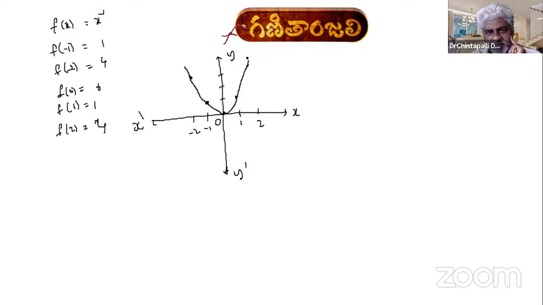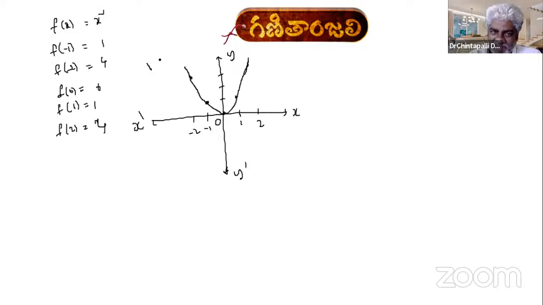It is a function. Sir, it's not a function? Oh, wait, it is a function, because it is not crossing the y-axis more than once. It crosses the y-axis only once. See, there is no doubt in saying it is a function.